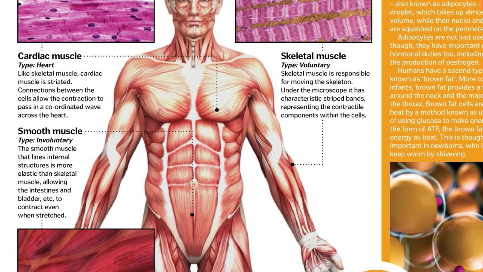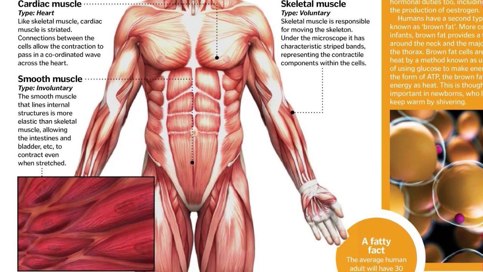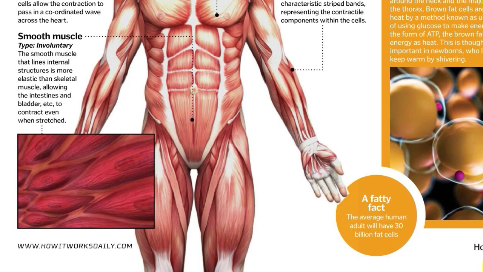Smooth muscle is involuntary. The smooth muscle that lines internal structures is more elastic than skeletal muscle, lining the intestine and bladder, allowing them to contract even when stretched.